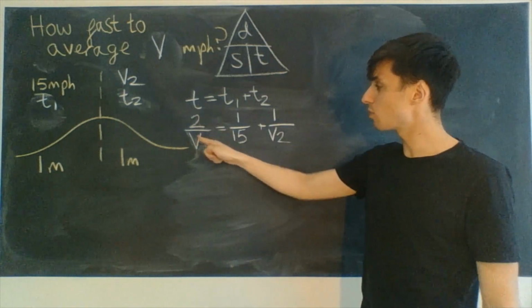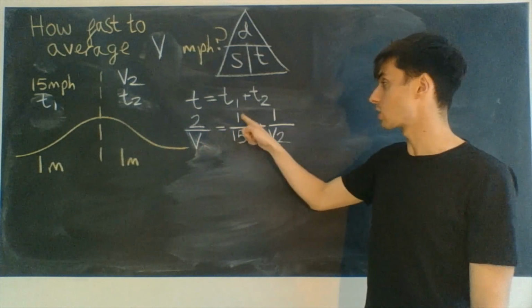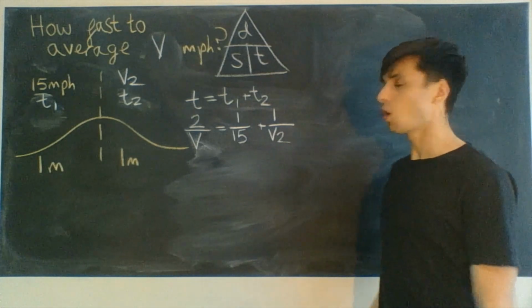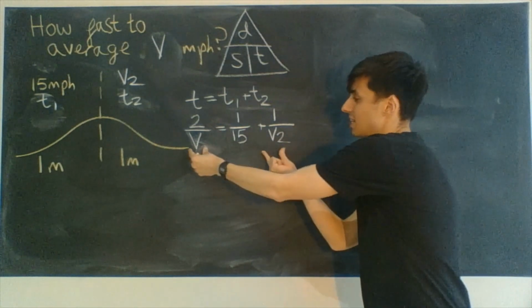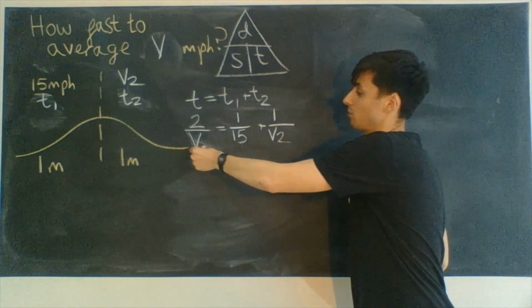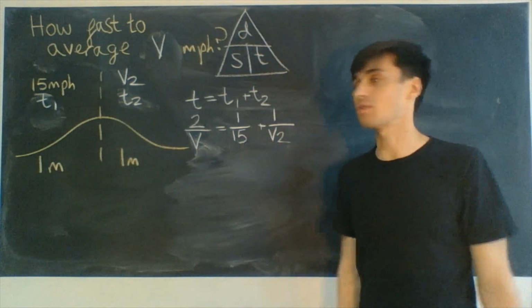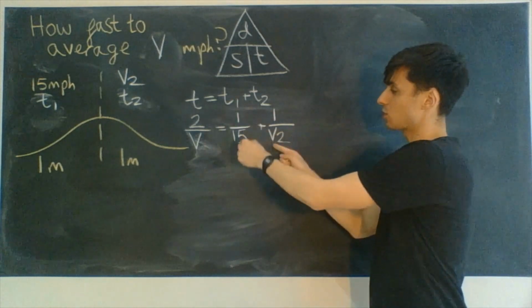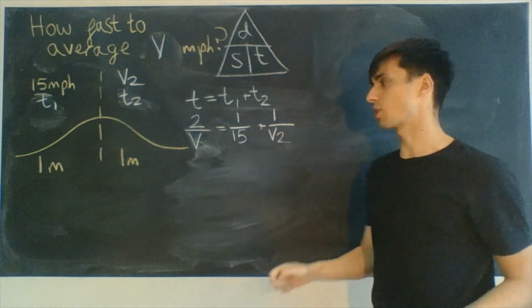We've got 2 over v, our overall speed, is 1 over 15 plus 1 over v2. What we like then is to understand these as formulae in terms of each other. So I like a formula for v and v2 in terms of the other one. To do that, we need to first of all combine these two fractions together and then do some rearranging.